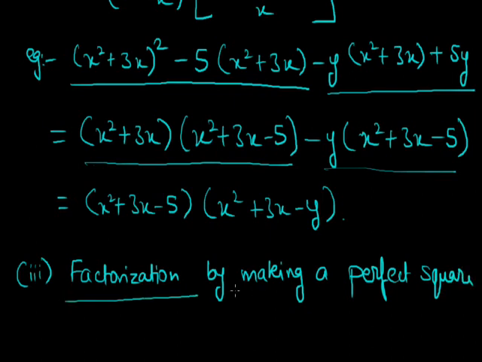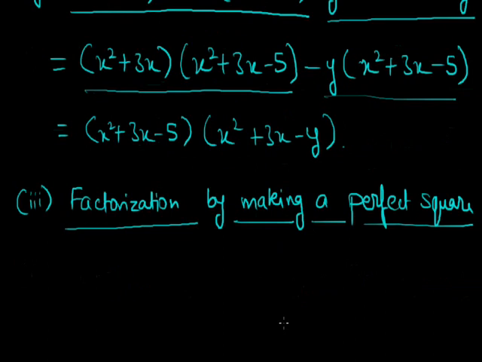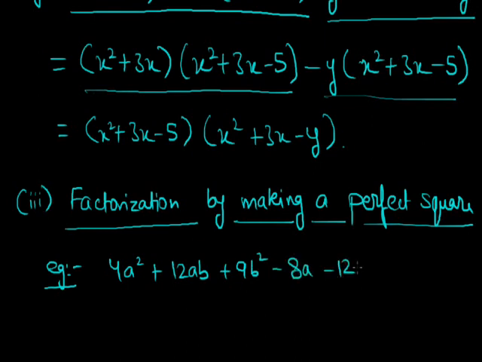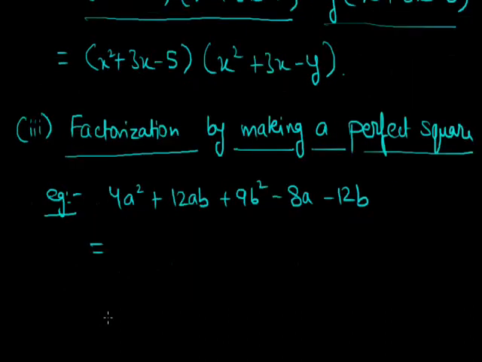So in the third method, we are doing the factorization by making it a perfect square. We'll see one example based on this. Suppose we take the terms as 4a square plus 12ab plus 9b square minus 8a minus 12b. So we have taken this polynomial.